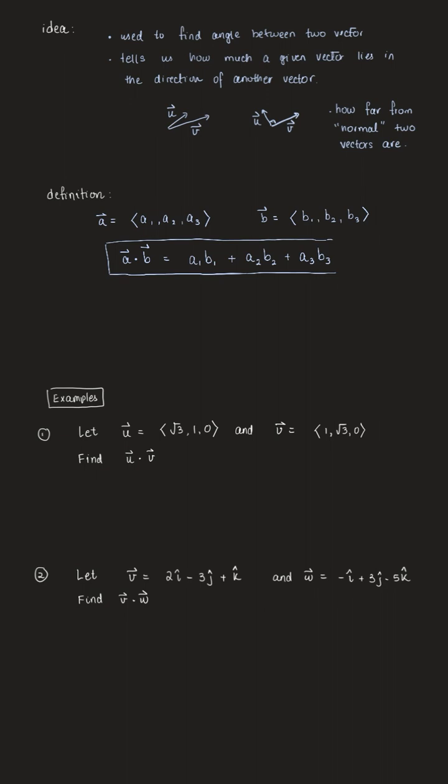Verbally, we would say we multiply corresponding components of the two vectors and then add.